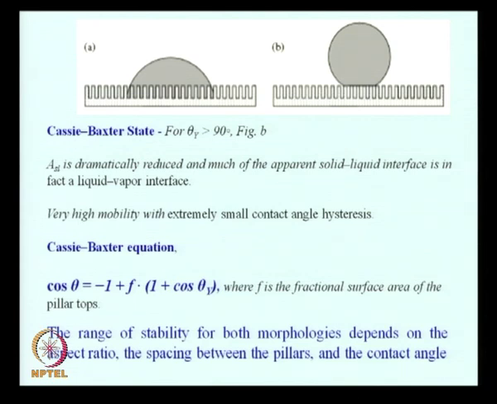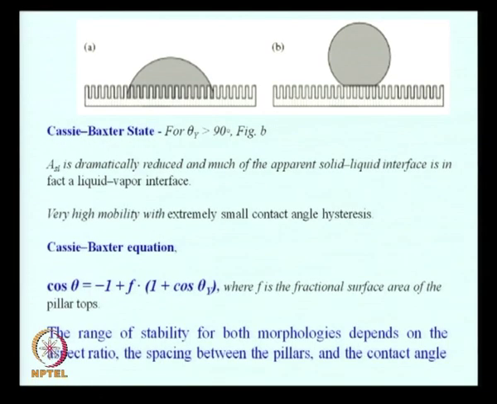Now, there are also some interesting studies going on to predict a priori whether a droplet on such a surface is going to behave as if it is in the Wenzel state, or as if it is in the Cassie-Baxter state. Till today, there is no definitive theory which would predict when it is going to be in the Cassie state or when it is going to be in the Wenzel state.